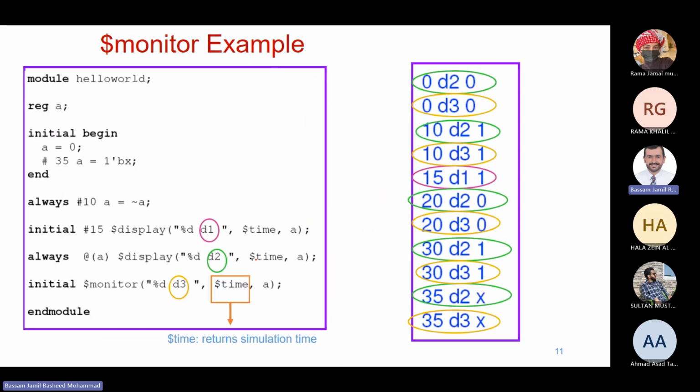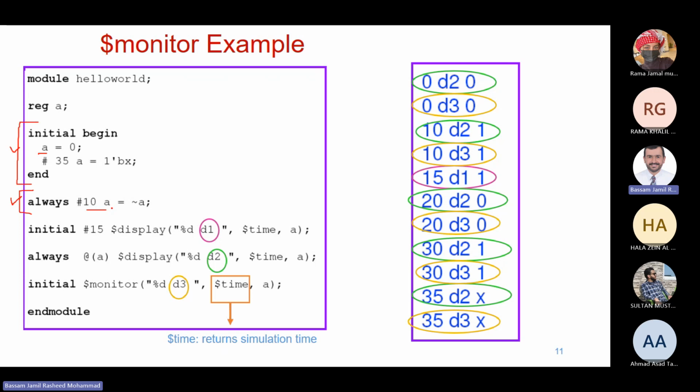Here's an example where we are getting very sophisticated. The basic idea here: you have an initial block which changes the variable A, and an always block which changes the same variable A. Here's my advice to you in Verilog: do not do this.